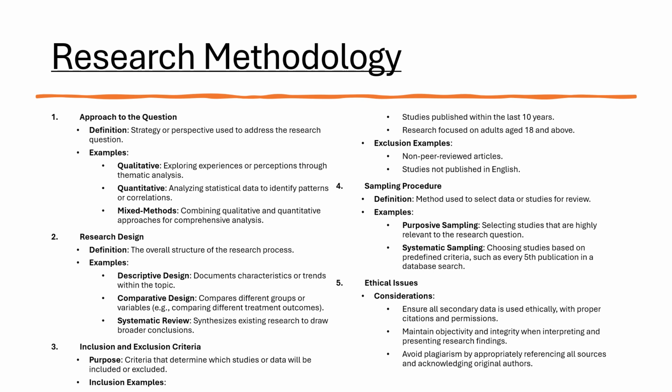Examples of inclusion: published within the last 10 years, research focused on adults aged 18 and above. For example, if you are doing a clinical meta-analysis, you are looking for studies published within the last 10 years. Okay, you need to specify the publication years: 10 years, 5 years, or 6 years.